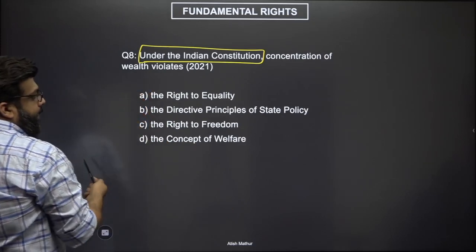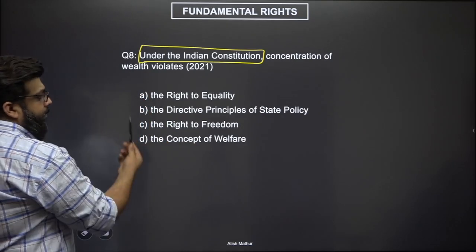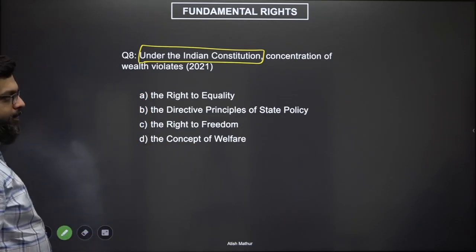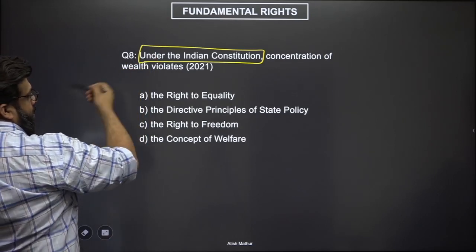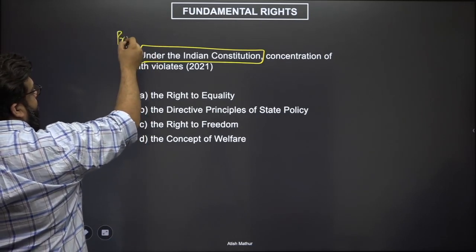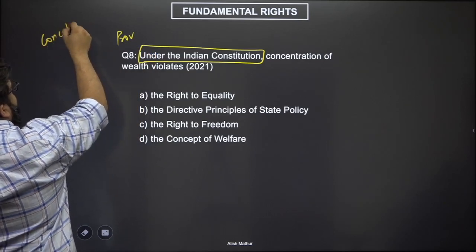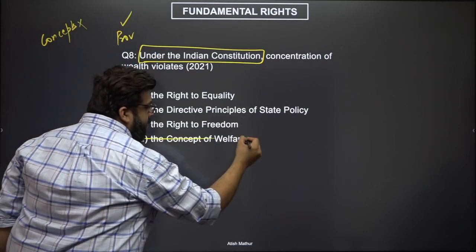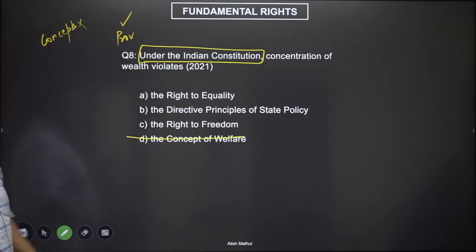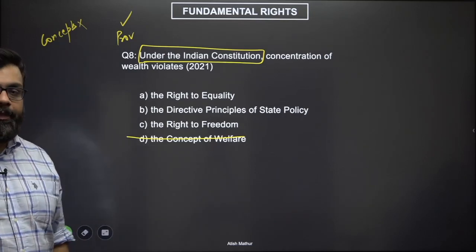The right to equality, the directive principles of state policy, the right to freedom, or the concept of welfare. Now, if it is under the Constitution, there will be specific provisions. The Constitution does not have concepts written down. It has provisions written down. So this is automatically eliminated. The concept of welfare is automatically eliminated, right?